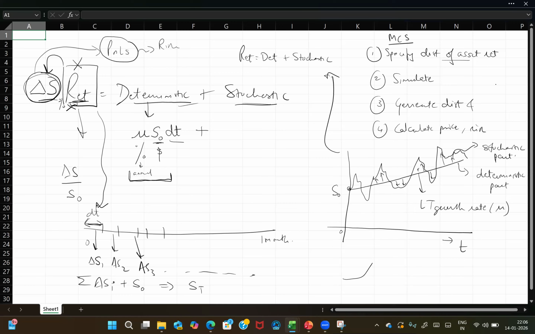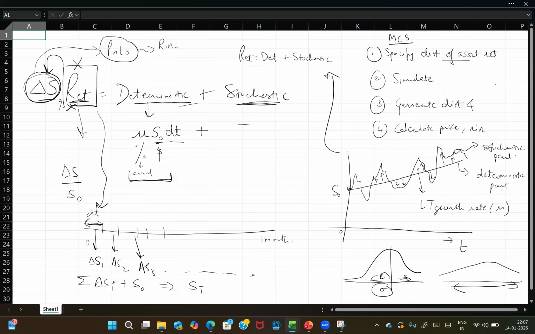Now, the stochastic part of any distribution will be driven by the standard deviation. Imagine you have two different distributions. One has a smaller standard deviation and the other has a larger standard deviation. So whether the stock is changing by a small amount or a large amount will depend on the level of sigma.